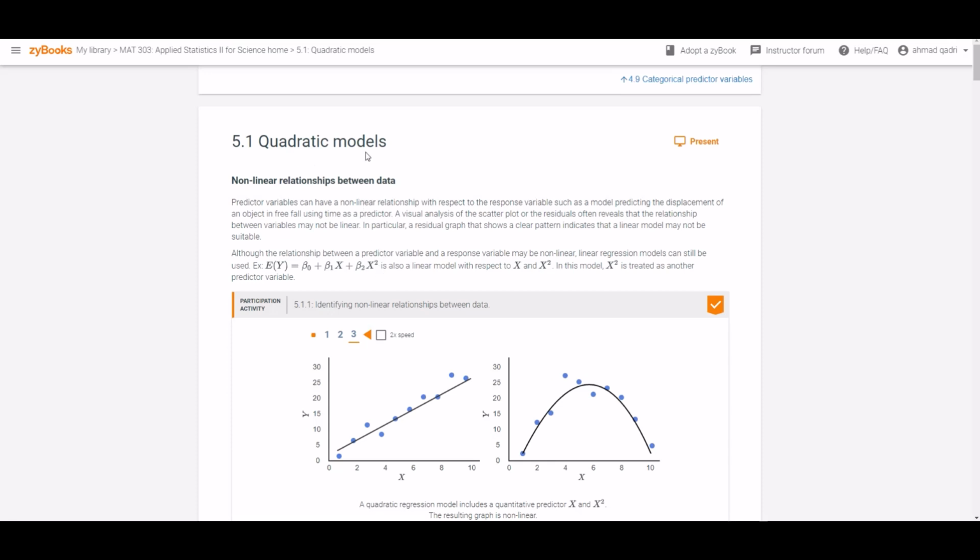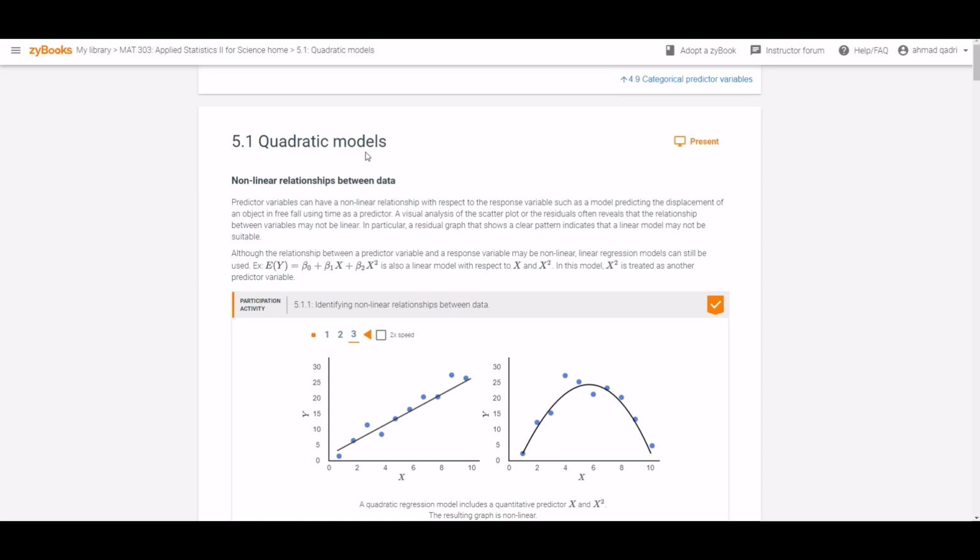Quadratic models are a special case of higher order regression models, and in this case, the order of regression is squared, or 2. Remember, last time we did the first order regression. This time we're doing the second order regression modeling. They are also called quadratic models. And then there will be a general case of higher order regression that we will discuss later on.